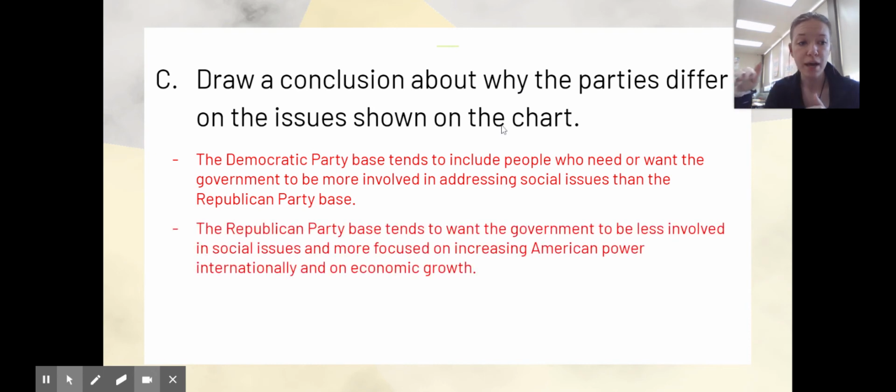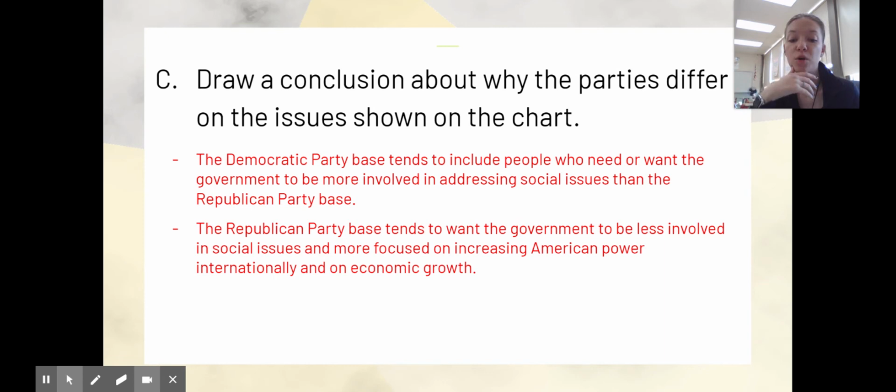Now, on the flip side, you could have also said the Republican Party tends to want the government to be less involved in social issues. So looking at that conservative ideology, more focused on increasing American power internationally and on economic growth. I would also include in these samples examples from the chart, right? So for this one, something along the lines of the Democratic Party tends to want the government to be more involved in addressing social issues, like, for example, Social Security, welfare, education.